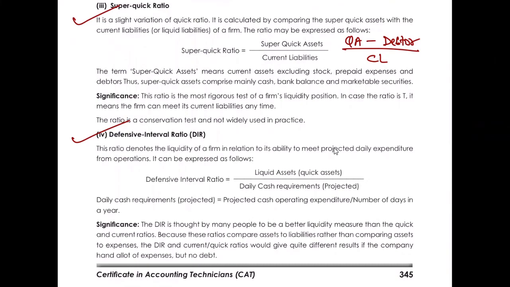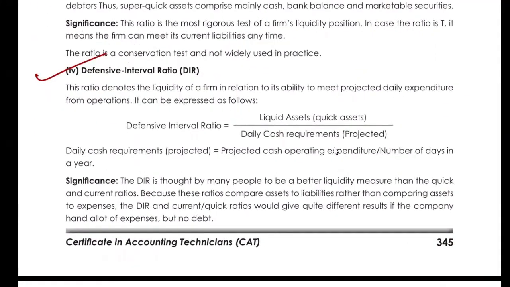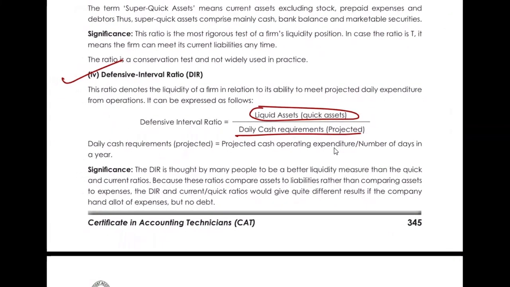So this is missing. This we can do right now. This is again very, very simple. Whatever liquid assets you have, divide it by the daily cash requirement. For example, I have 50,000 rupees in my hand, and daily I need 500 rupees to run my business. So if I cancel this out, it would come to 100.